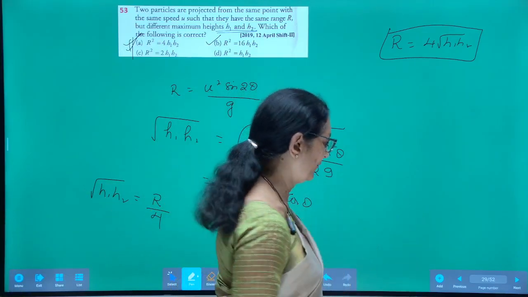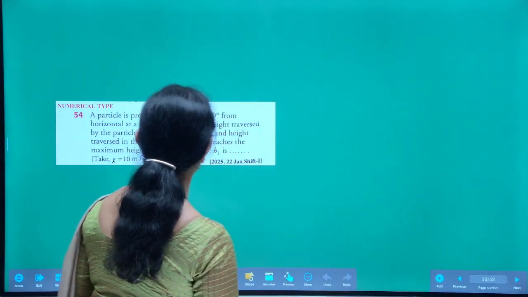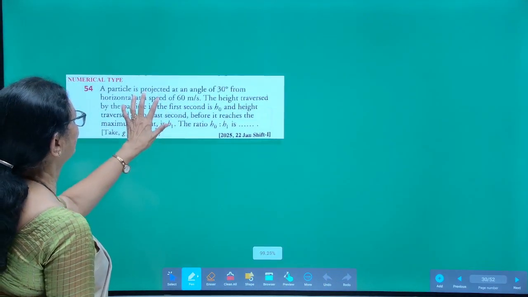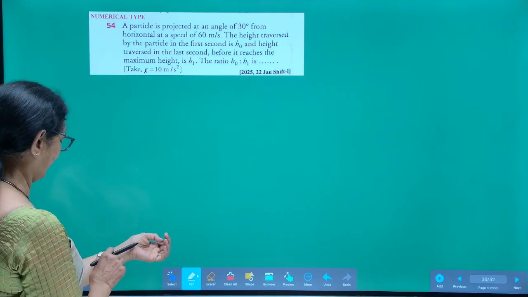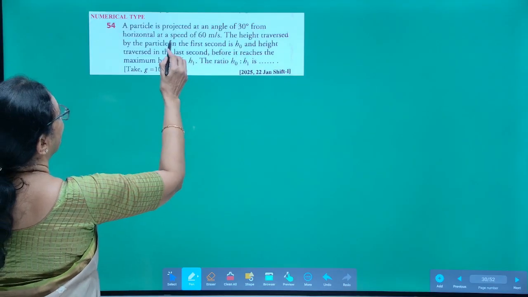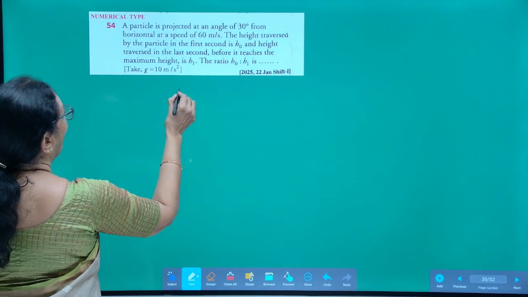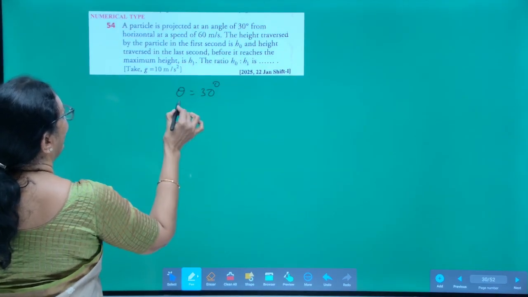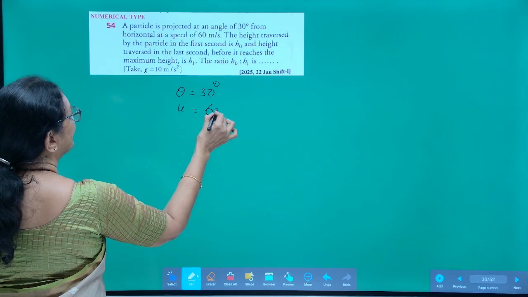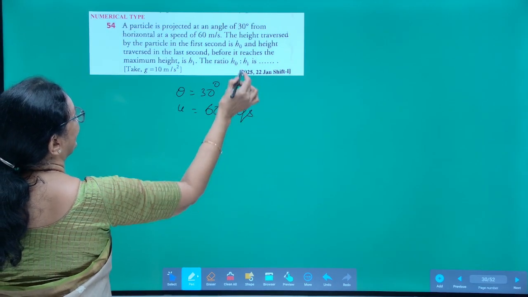Okay. Now, let us move on to the next problem. Look here. A particle is projected at an angle 30 degrees from the horizontal at a speed of 60 meter per second.